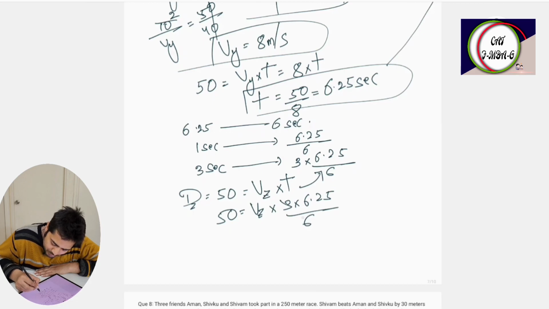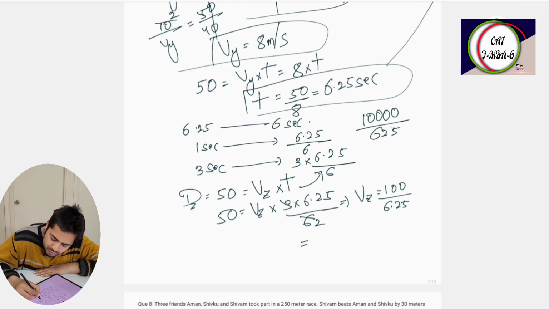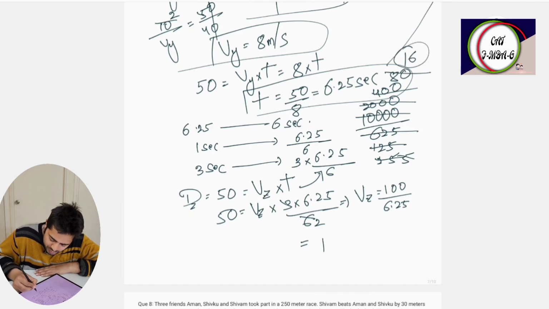So Vz is equal to 100 by 6.25, which comes to 625... so 5 5 25, 5 4 20, and so on, giving 16.